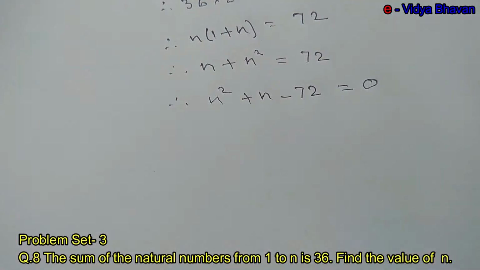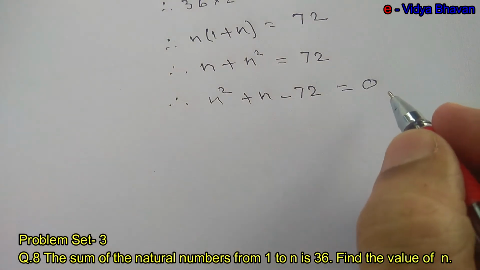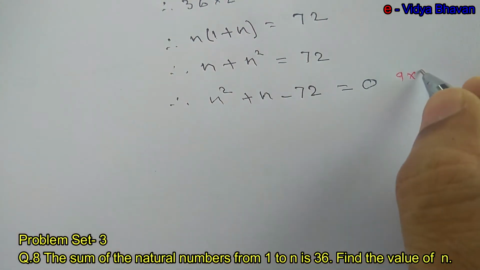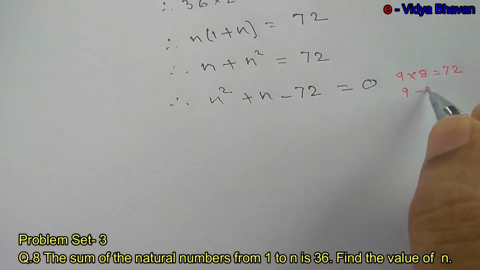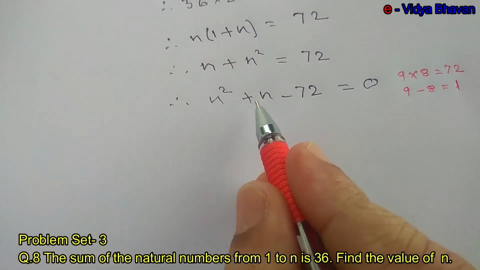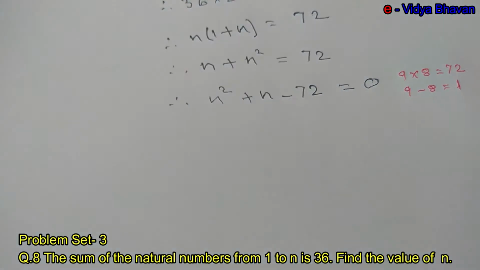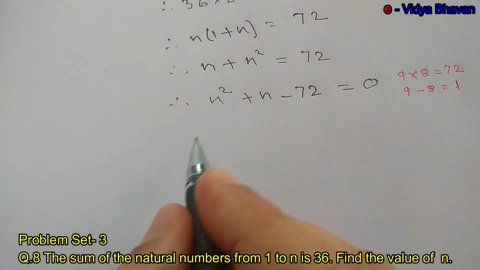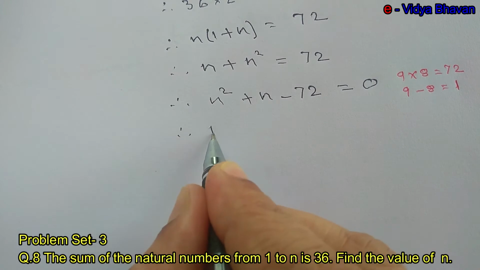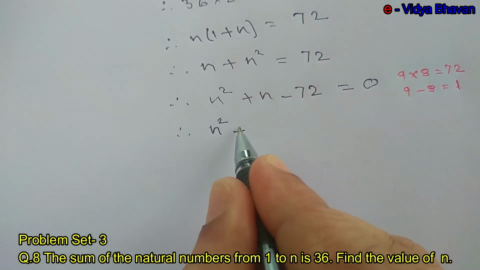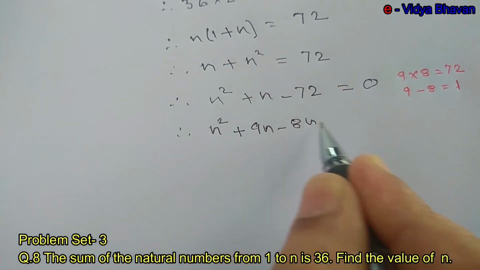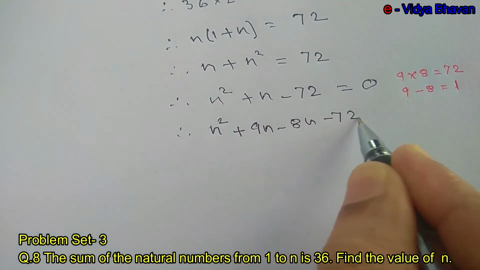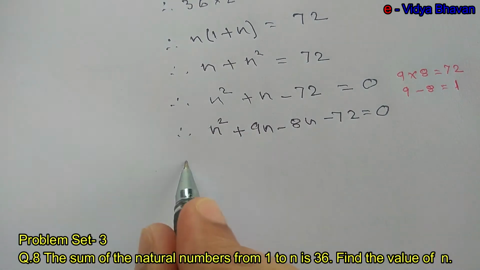Now we need to factorize them. 9 and 8 make 72, and 9 minus 8 we are going to get 1. So we have the factors n square plus 9n minus 8n minus 72 equal to 0.